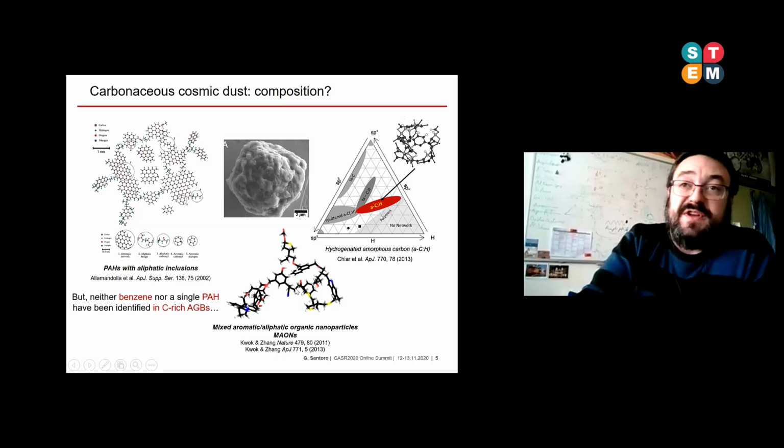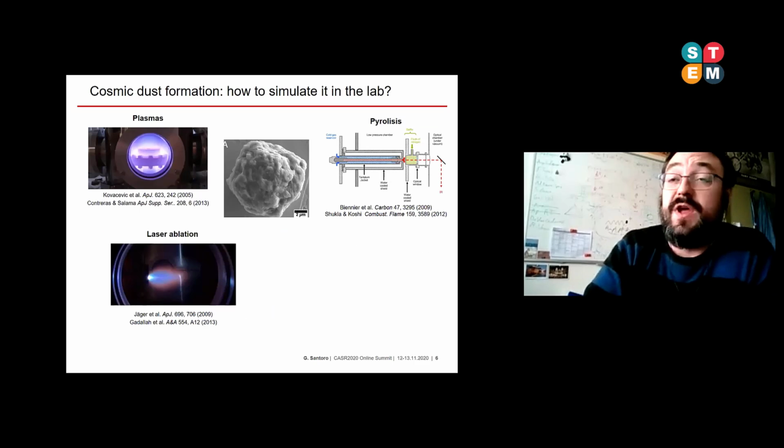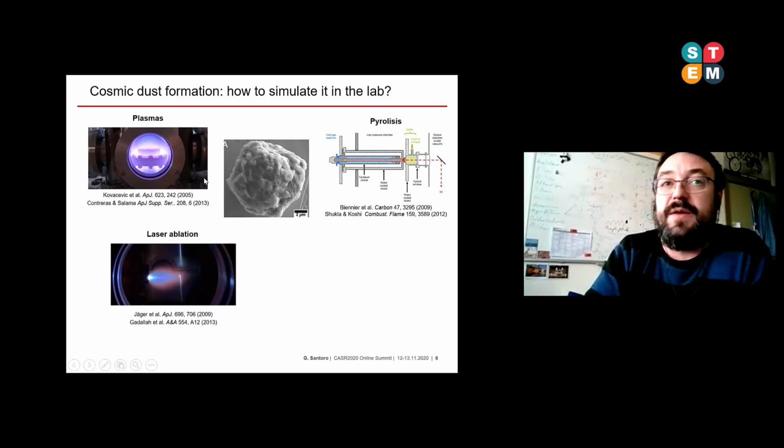Apart from observations, the other possibility we have to try to know the composition of the carbonaceous dust is to simulate its formation in the laboratory. The usual methods that have been used for this are plasmas, laser ablation or pyrolysis.